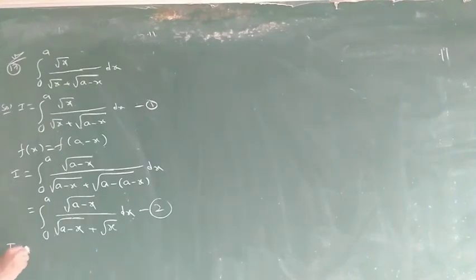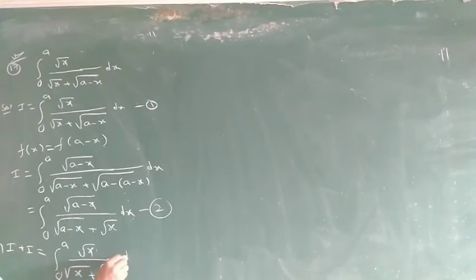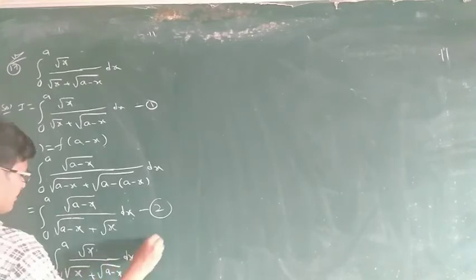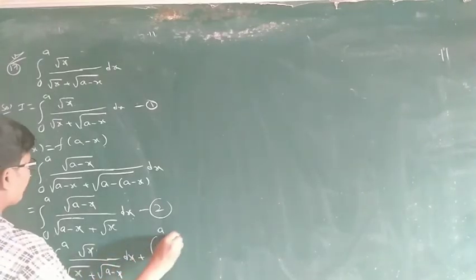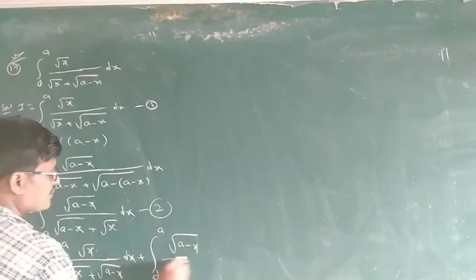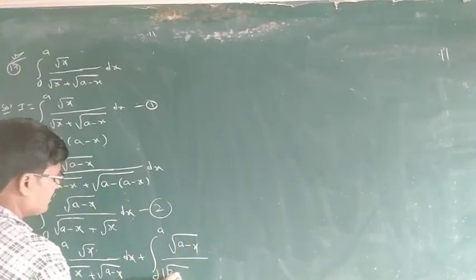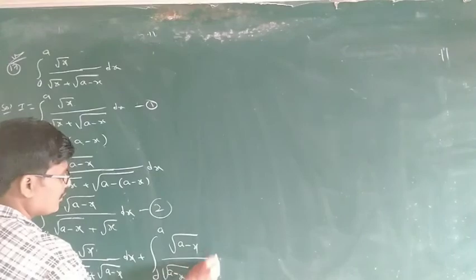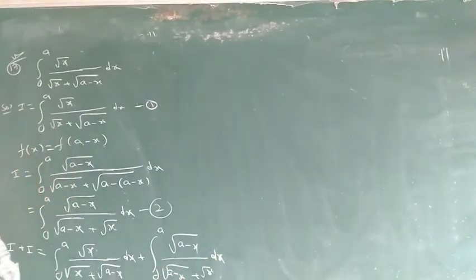I plus I is equal to 1 plus 2, which implies the integral from 0 to a of root x by root x plus root of a minus x dx, plus the integral from 0 to a of root of a minus x by root of a minus x plus root x dx.